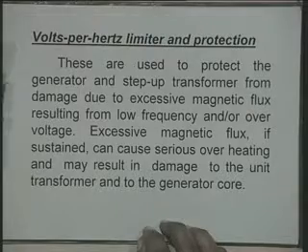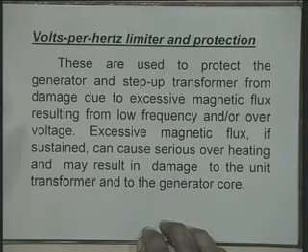Then the next important limiter and protection function is the voltage per hertz limiter. Here we all know that the flux produced in the core is a function of the terminal voltage. We have a standard EMF equation, therefore the voltage is related to the flux and the frequency.